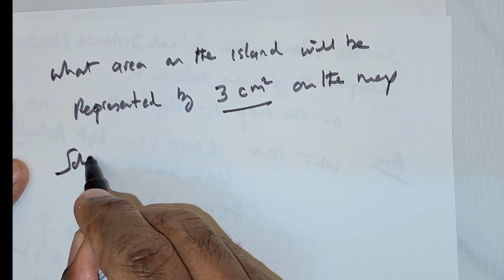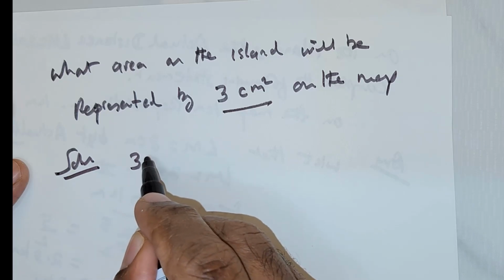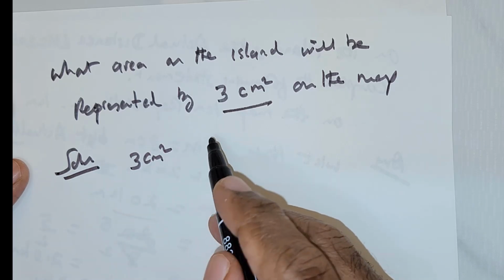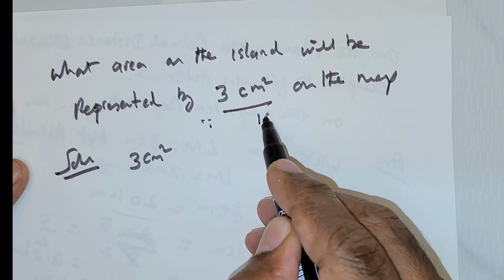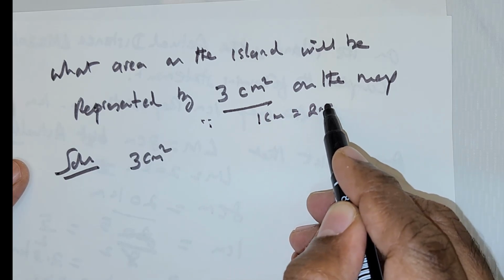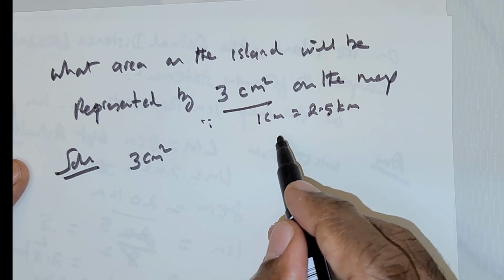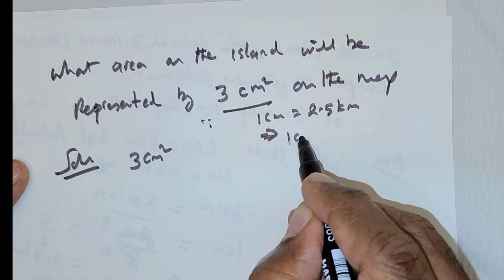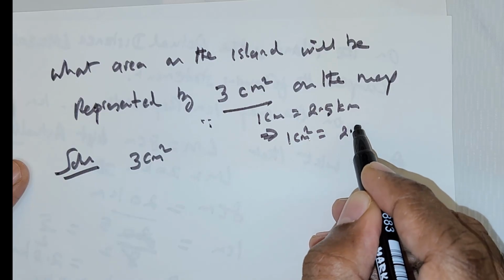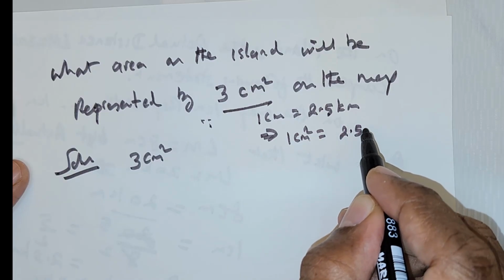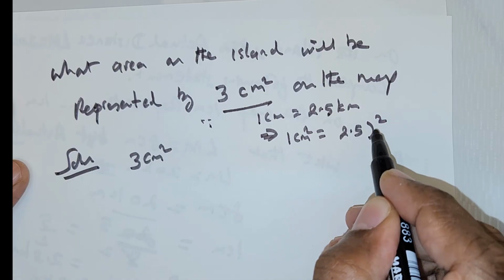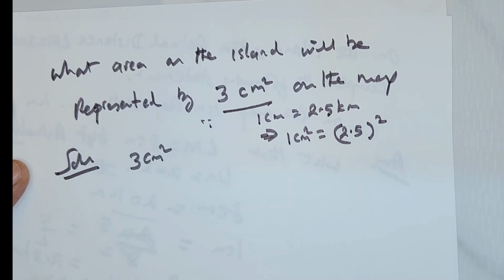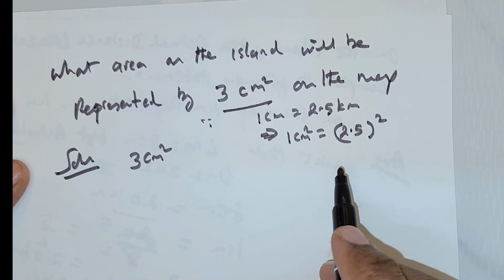So the solution is given as follows. So we got 3 cm squared. Now 1 cm is equal to 2.5 km. So this in turn would mean 1 cm squared is going to be 2.5 raised to the power of 2. Right? You need to square it for area.